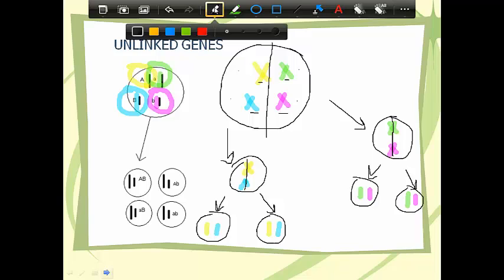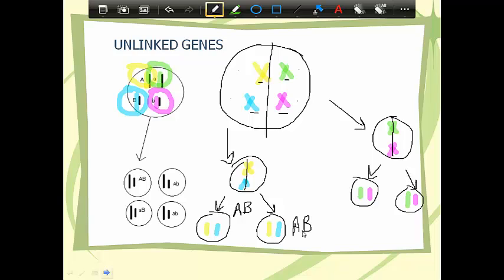So the resulting combinations of gametes: we've got a big A and a big B, and another big A and another big B, and we've got a little a with a little b, and another little a with another little b.